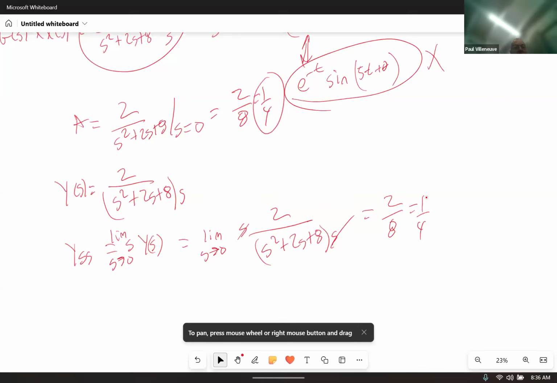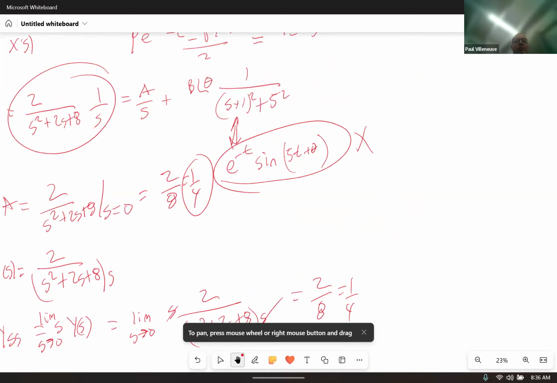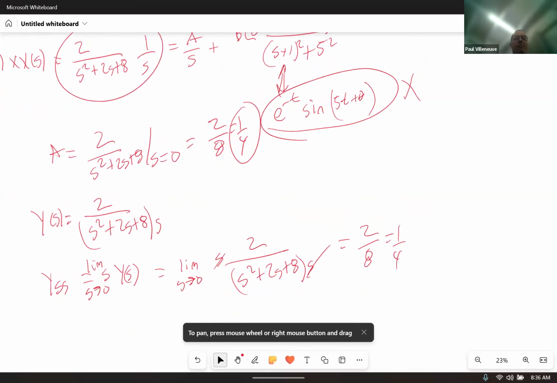So if you didn't feel comfortable doing the final value theorem, this approach of partial fraction expansion works really well. And the good thing is you get the same result. If you didn't get the same result, that wouldn't be a good thing, would it? But you get the same result, so that's what we want.